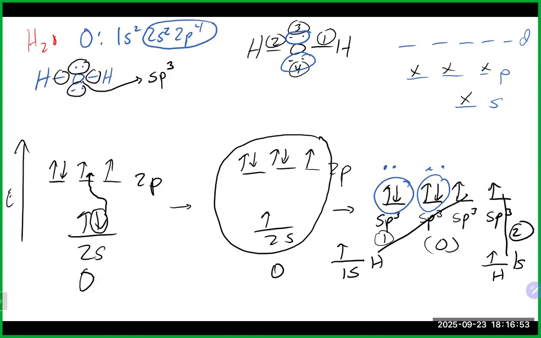Any questions on that? Once again, each of the bonds are going to be sigma bonds. So these both would be sigma bonds basically here. So that sp3 hybrid orbital and the 1s orbital are just going to go straight at each other, and they're going to have an area where their electron density overlaps, and that is where the bond is going to basically occur from. Any questions on that there?